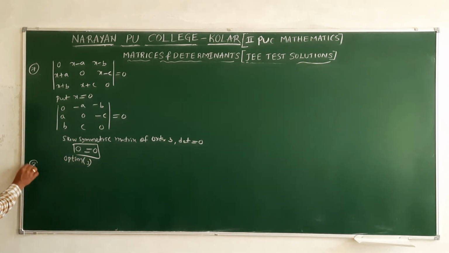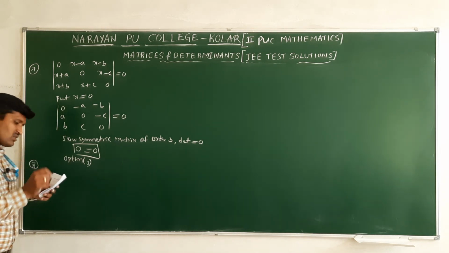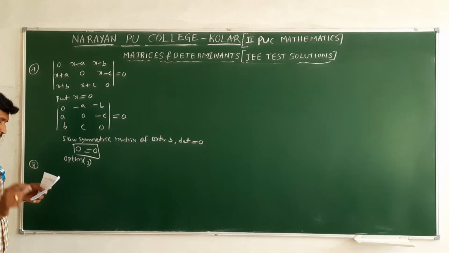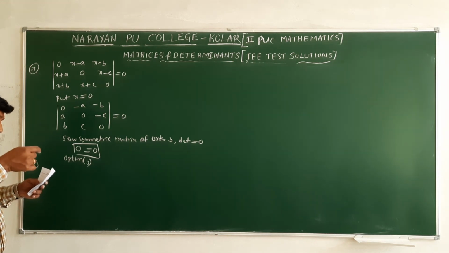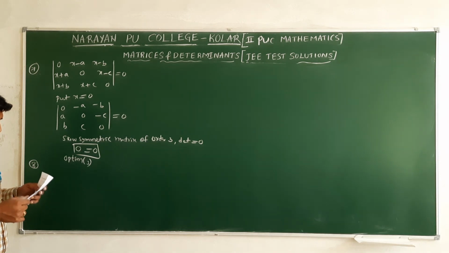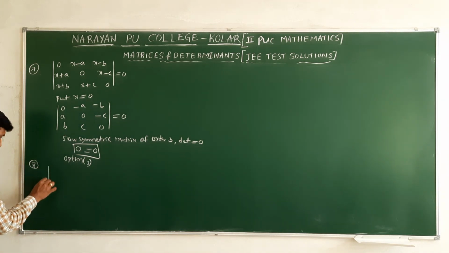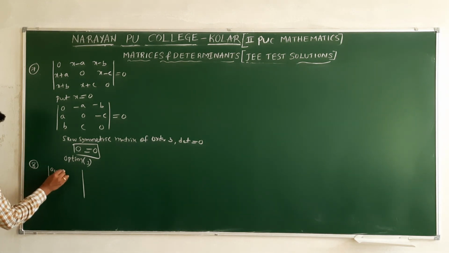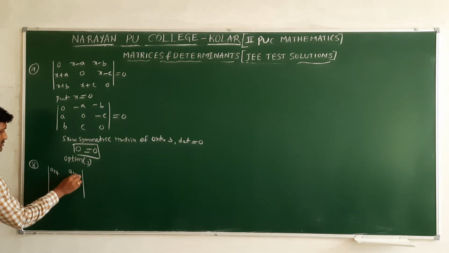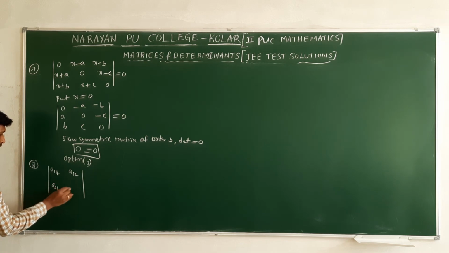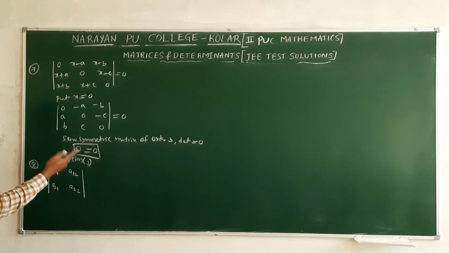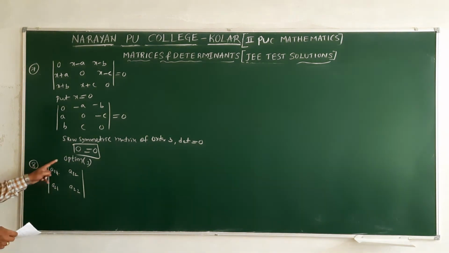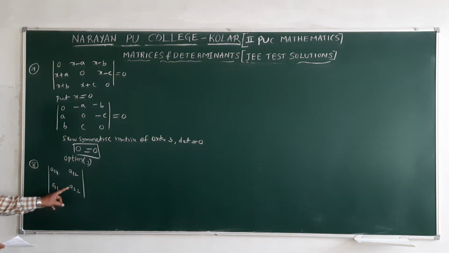Next, the 8th one. If the elements of a row of a matrix are multiplied by cofactors of corresponding elements of any other row and added, then their sum is? The logic is clear. Take the elements A11, A12, A21, A22. The corresponding cofactors are capital A11, capital A12, capital A21, capital A22.